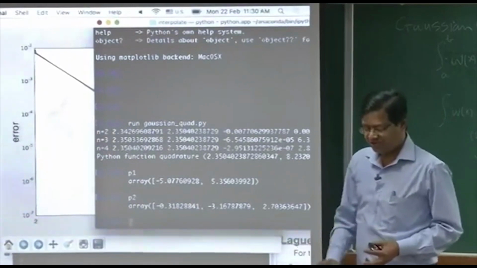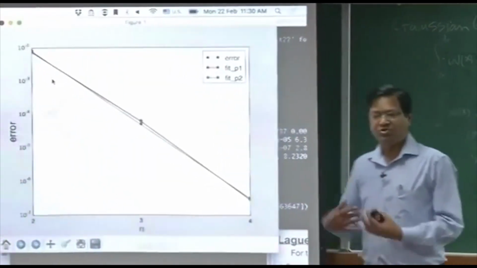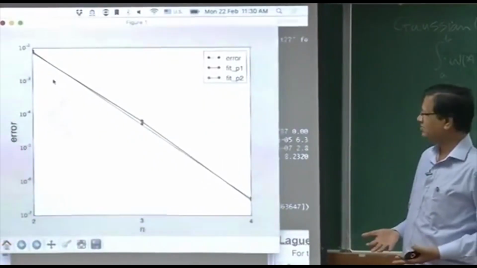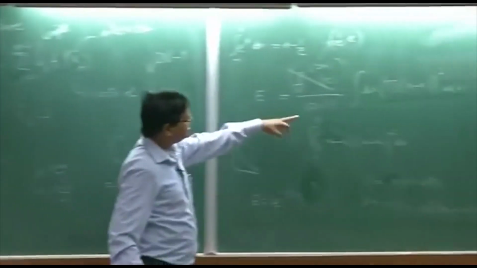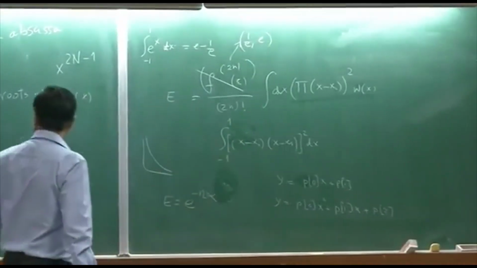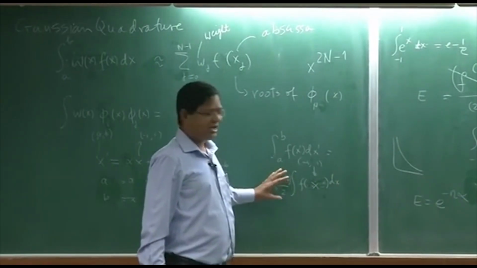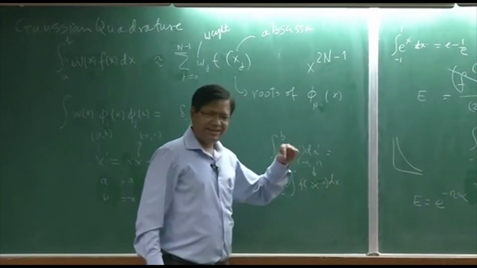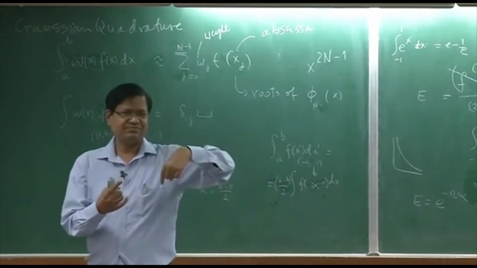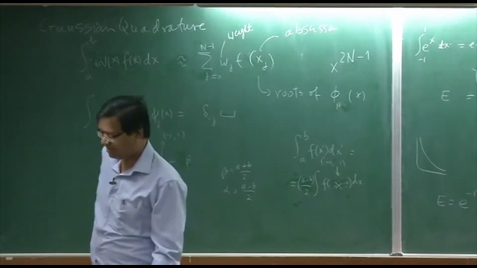So this is about Legendre polynomials. I can use Legendre polynomials to do Gaussian quadrature. If I want it not from minus 1 to 1 but some other points, then I use this scheme to get my answer. I have to compute this function at rescaled values.